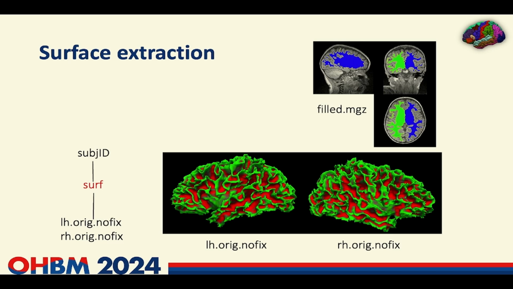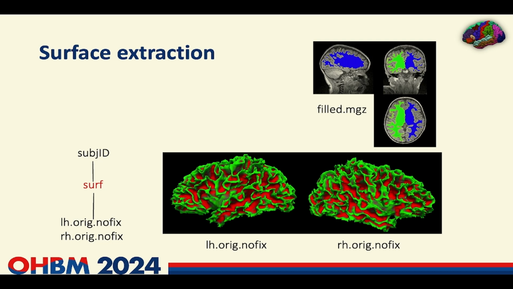The reason you do that is because the initialization of your surface reconstruction is aided by this volumetric segmentation. What you see here is the original surface. This is just a surface that gets fitted to the white matter. It's not corrected yet. This is really just the initialization of where you want your white matter surface to be placed.